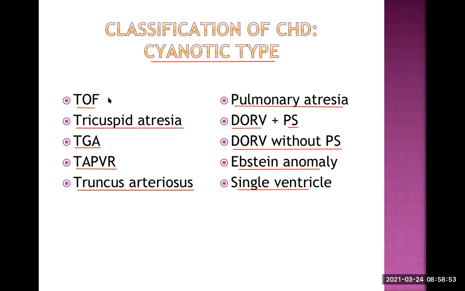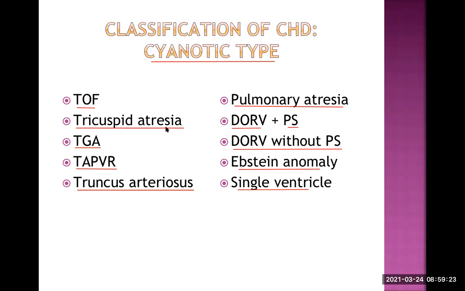The third one is overriding of aorta, and the fourth one is right ventricular hypertrophy. After PS, it is easy for you to remember right ventricular hypertrophy, because PS usually gives rise to right ventricular hypertrophy. Then ventricular septal defect and overriding of the aorta. In any order, you can answer this. It doesn't matter.